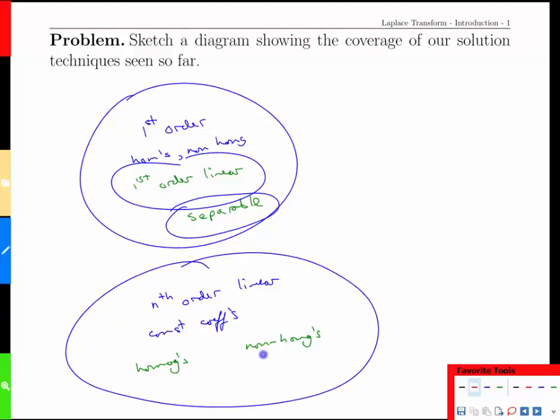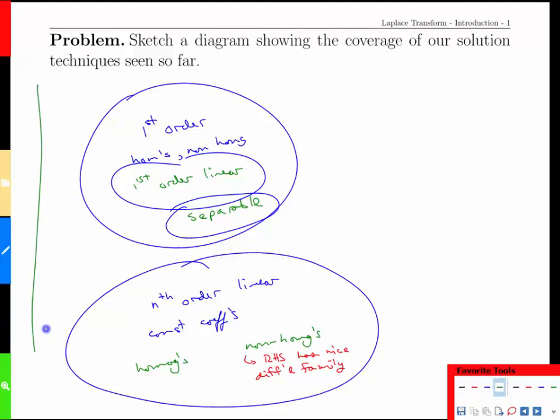However, there's a little asterisk we're going to add to the non-homogeneous. Here we've only seen cases where the right-hand side had a nice differential family. And that limited our approach to the method of undetermined coefficients.